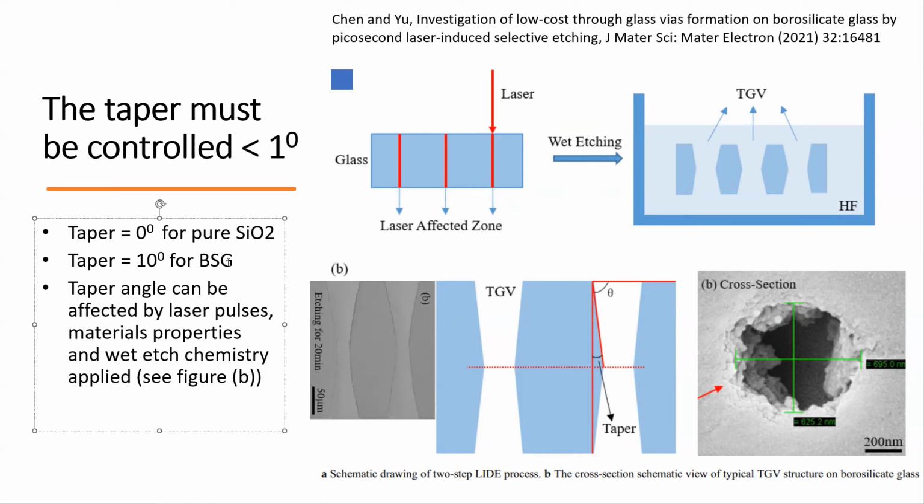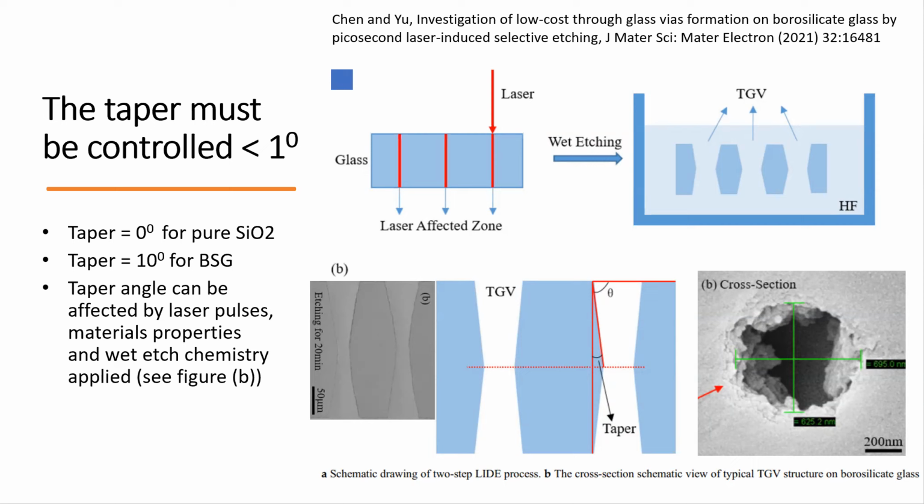But with a BSG, it's very hard. With BSG, you've got boron there, and things get screwed up. So you get 10 degrees in general if you don't watch it. Here, if you look at it, you get this 10 degrees easily. So the paper is trying to say how to control that.